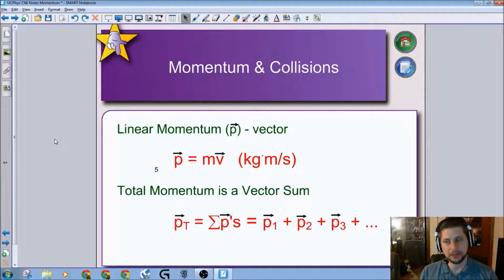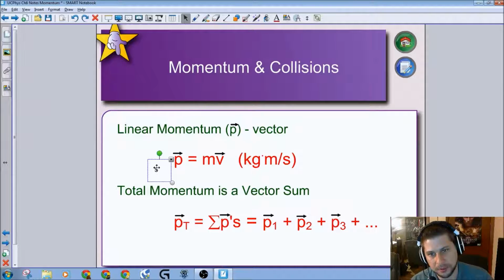If it has a magnitude and a direction, magnitude being how big, and the direction being which way it's going, then we call that a vector. And so we have mass times velocity. Notice that things that are made up of vectors are vectors.